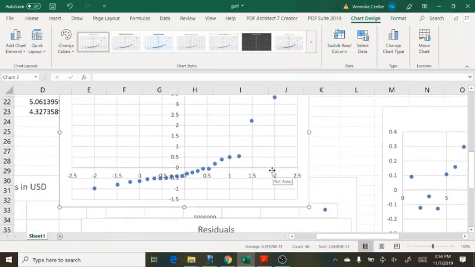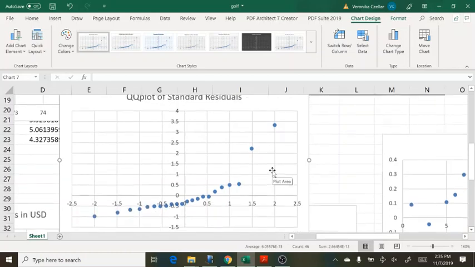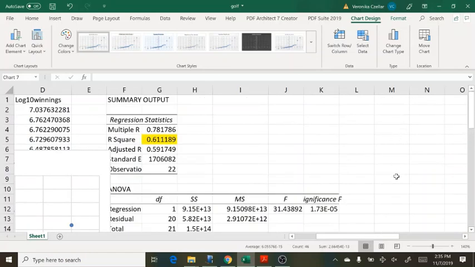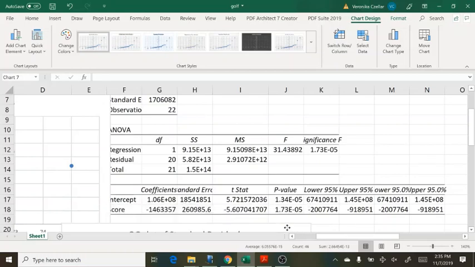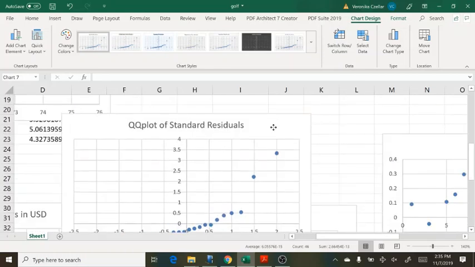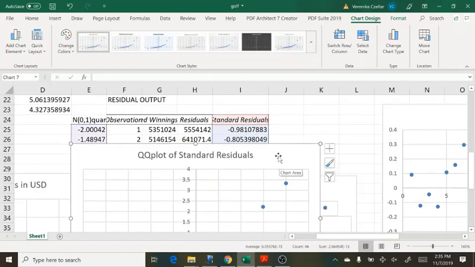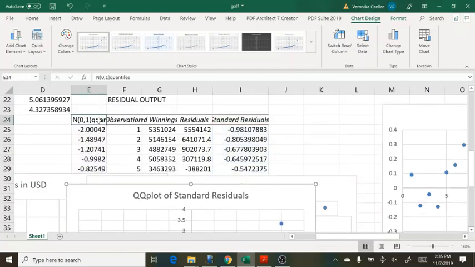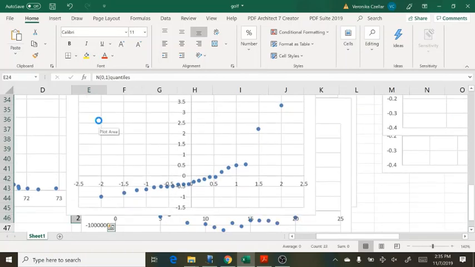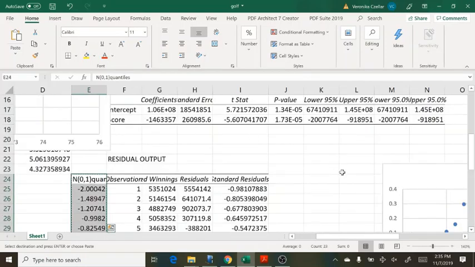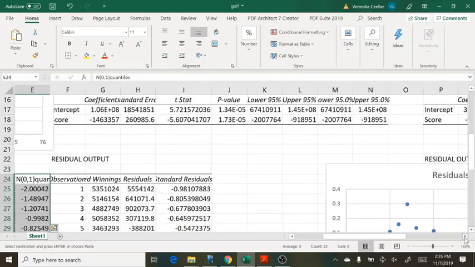And I will do the same thing for the other model, my second model. I can simply copy and paste my standard normal quantiles, which are here, to my second model.